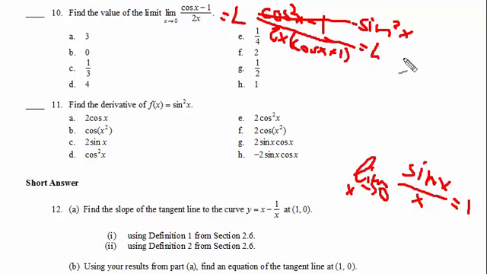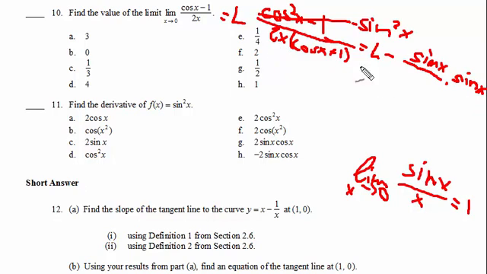So the next line is going to be limit, and again, this is my shortcut for limit as x approaches 0. And now we have negative sine squared of x, and I'm now going to do 2 steps in one. I'm going to split this up into 2 factors of sine x for the numerator, and the 2 factors on the bottom I'm going to use as the 2 factors of these guys here.